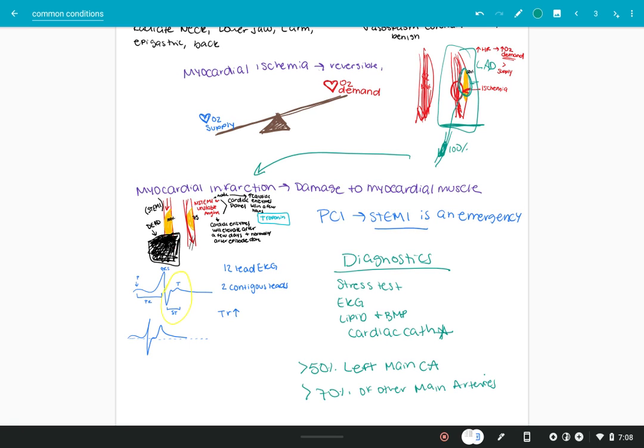I'm reading from the common conditions. So greater than 50% of the left main coronary artery and greater than 70% of the other arteries.